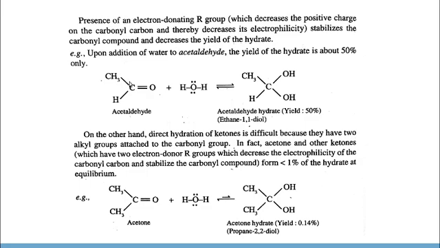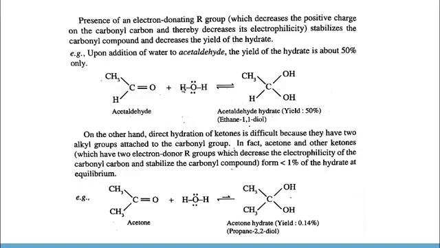So electrophilicity decreases means the positive charge on this carbon decreases, so it becomes somewhat stable, which decreases the yield of the hydrate. So it has a tendency to exist as aldehyde even when we add the water molecule. So the presence of an electron releasing group decreases the hydration.